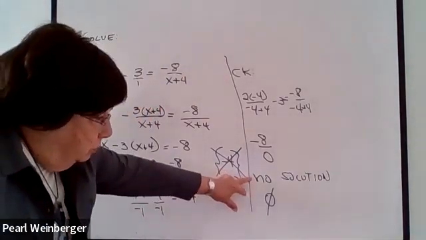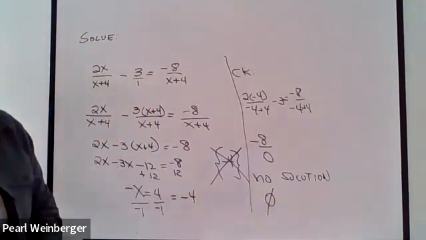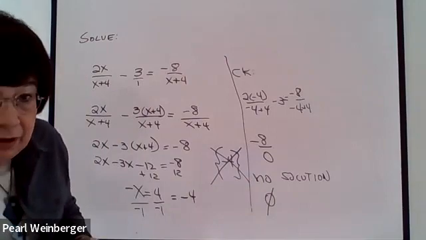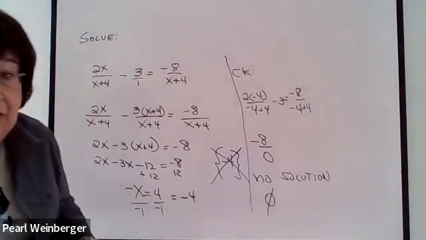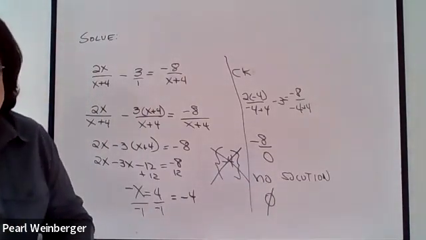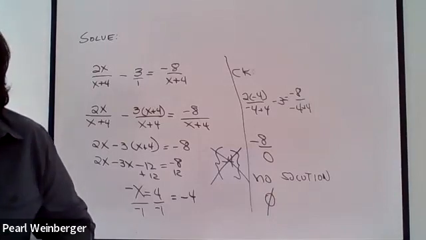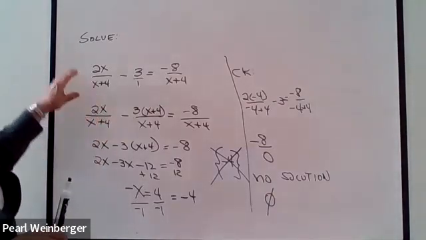You can write either no solution or you could just write this symbol. This question happens to be all that work and we got nothing. There is no solution.